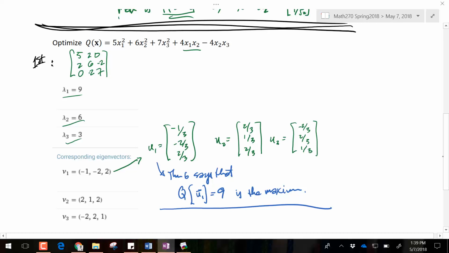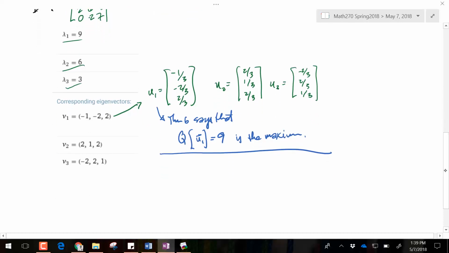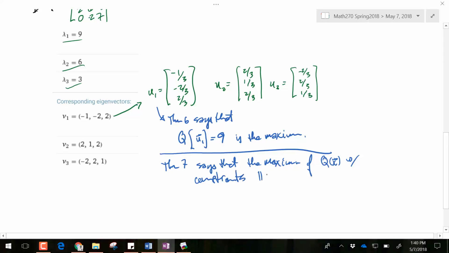Okay. Theorem 7 says that the maximum of Q(x) with constraints, there's two constraints now. The first constraint is the same as the other constraint, which is x squared plus y squared plus z squared is equal to 1, or the magnitude of the vector is 1. And this is the and part.